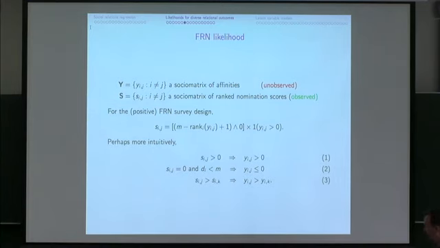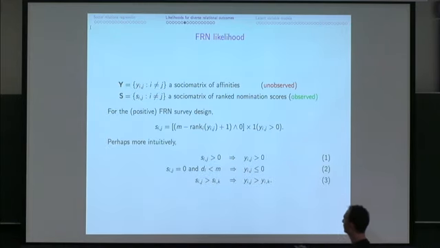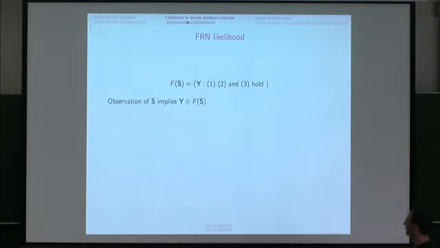The way that the data were gathered tells us that if we see some scores, the scores tell us this about the Y's, the affinities. So the set of possible affinities are the set of Y's such that these three conditions hold. So observation of S tells us that Y is in this set.